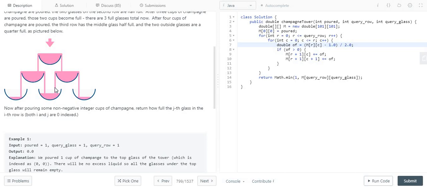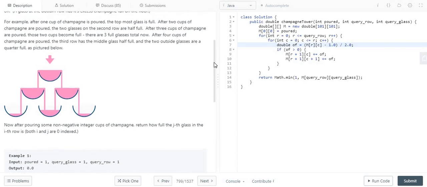So 0.25 plus 0.25 becomes 0.5. And if you take the sum of all three, 0.25 plus 0.25 plus 0.5, it becomes 1. This way the pouring keeps on growing.